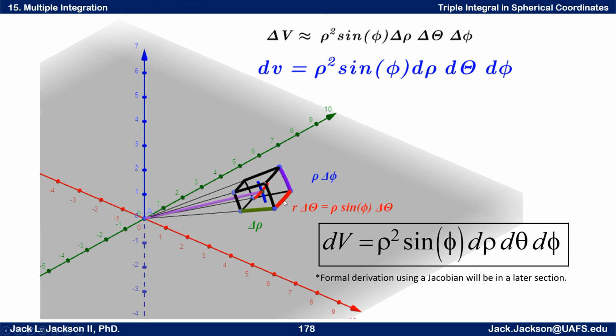Now let's do the purple one next. If you look at this purple length, that's just a slice of a circle of constant radius rho, but it's only going from an angle of delta phi.